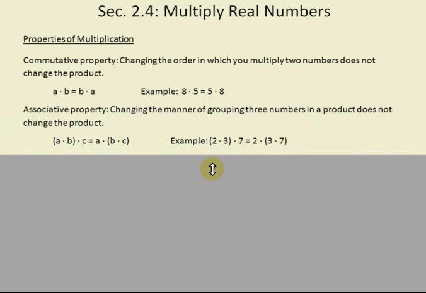The associative property, remember, has to do with grouping. If we are multiplying three numbers, we can group them in any manner that we want, and we're still going to get the same answer. So in the first case, we can take a times b grouped together, then multiplied by c. That will give us the same result as if we had grouped together b times c, so that multiplication would take place first, and then multiply a times that.